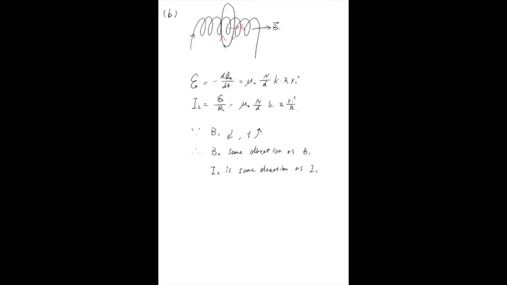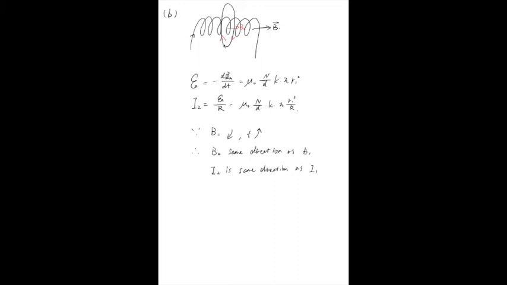And then, according to the equation given by the question, I1 is P minus K times T. In this case, as time increases, the current is decreasing, which means the magnetic field in the solenoid is decreasing.